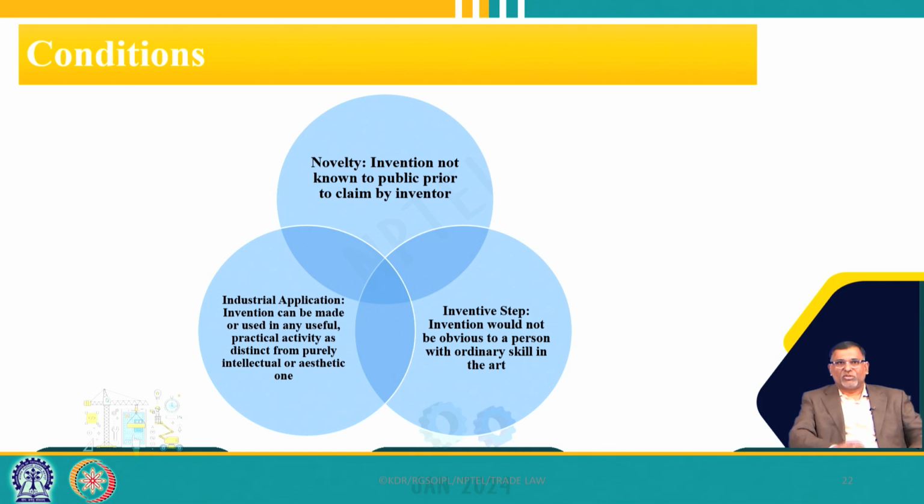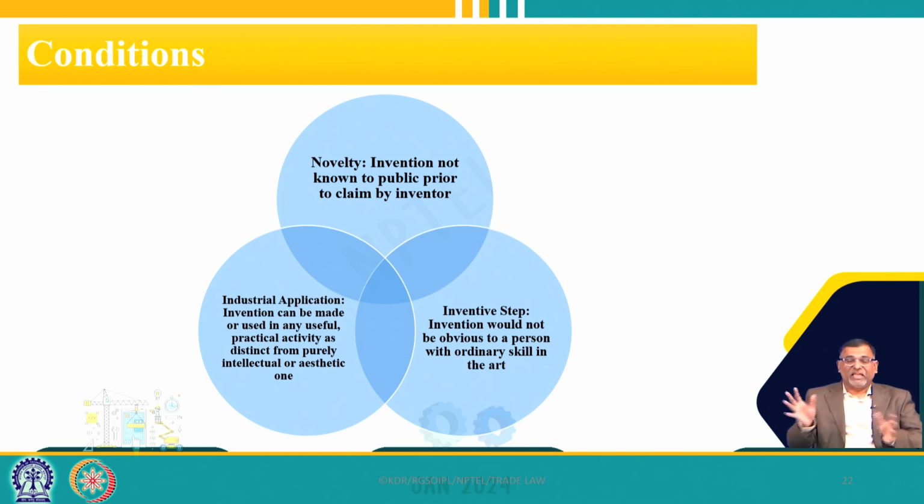So, if we look into the general criteria, you can see that invention must be new, novel. So, the novelty criteria is very clear, it is not known to the public prior to claim by inventor. So, what is this inventive step? Inventive step, so it is not obvious to a person with ordinary skill in the art.